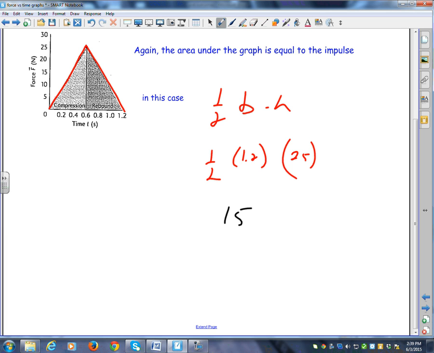Am I right? Can someone confirm that? Thanks. 15 what? Joules? It's impulse. Newton seconds. 15 Newton seconds of impulse.